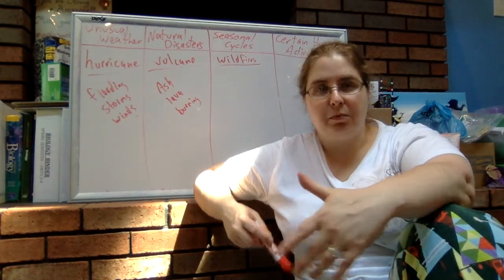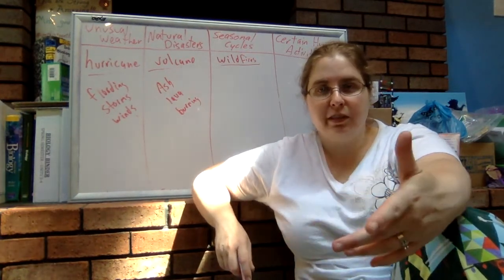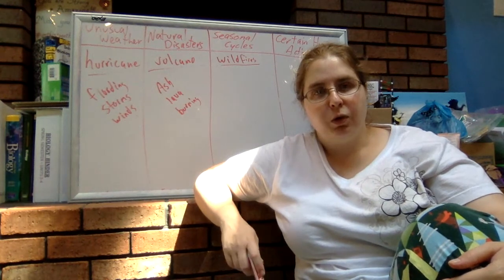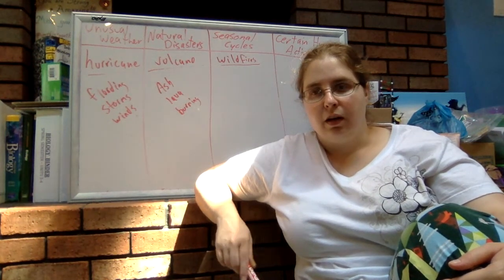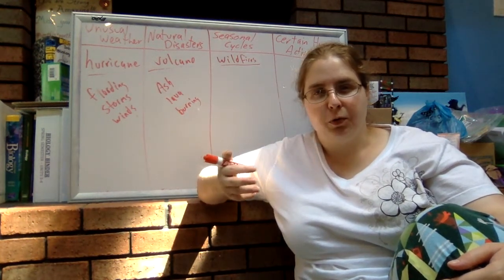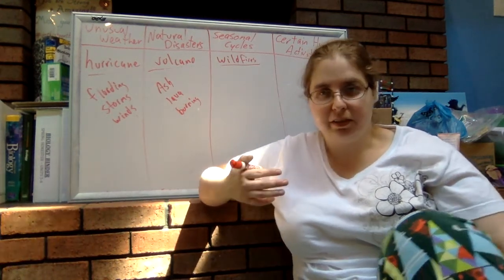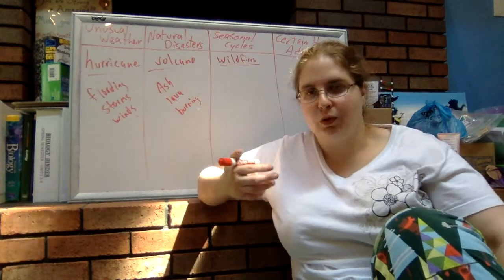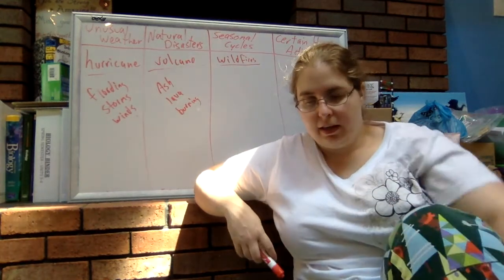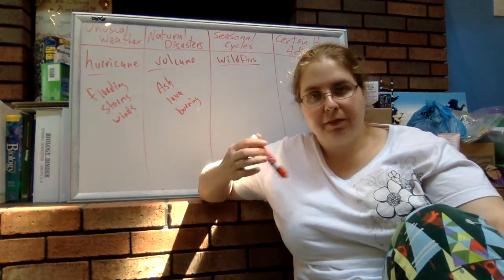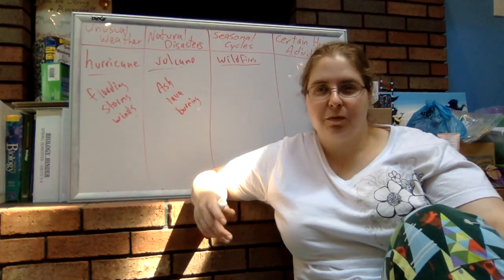It will temporarily block out the sun, which could affect photosynthesis of plants. It will also make it harder for organisms that need to breathe, like us, or deer, or wolves, or birds. So that will affect all of those populations.